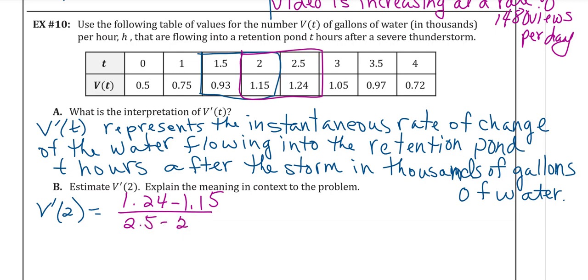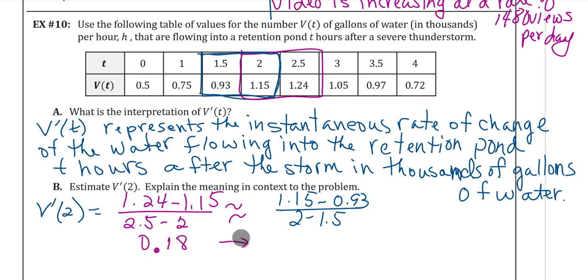And I want that to be approximately equal to the blue one I created here, which would be 1.15 minus 0.93 over 2 minus 1.5. Now these should be relatively the same. And what we get for the maroon one is a V prime of 0.18, and the other one we get a V prime of 0.44.